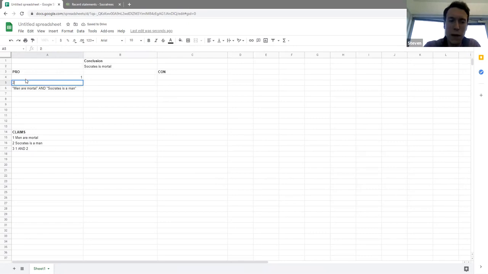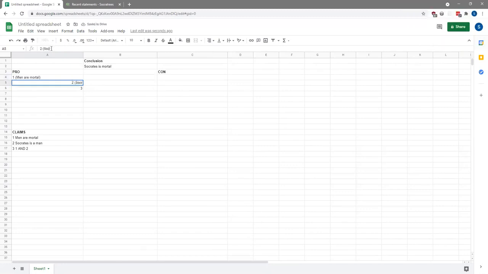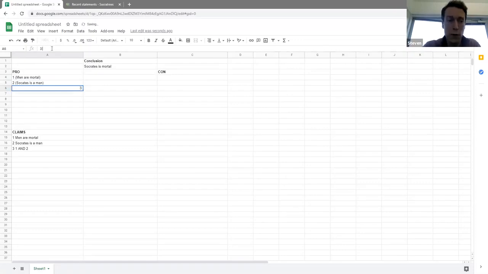We don't need a whole debate map to go through this issue. It helps to visualize. Somebody adds 1, men are mortal. Somebody else adds 2, Socrates is a man. And somebody else adds 3, which is a formalized compound claim pointing to the other two.